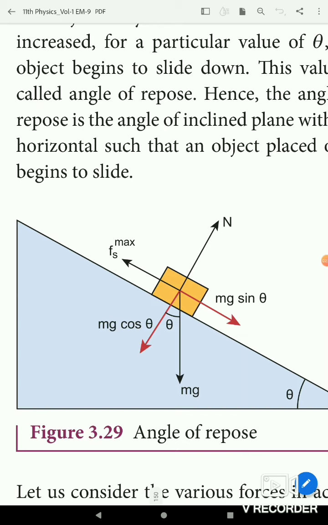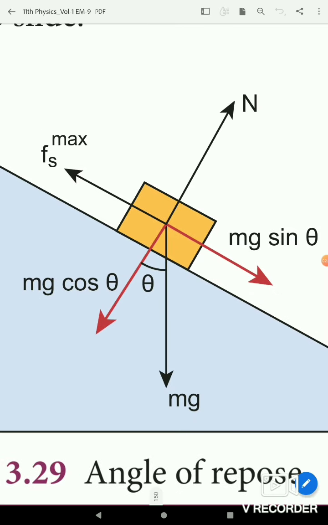The gravitational force mg acts at this point, so it resolves into two components, mg sin theta and mg cos theta. This mg cos theta component is equal and opposite to the normal force, that is N.